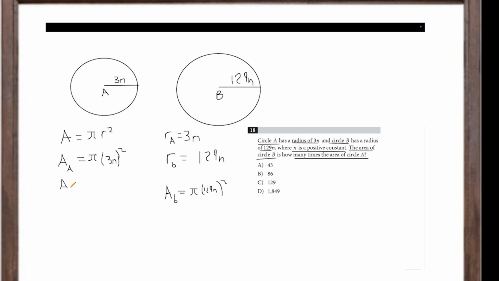So now we can simplify both these equations. So area A, once simplified and distributing the squared, is equal to 9n squared pi.